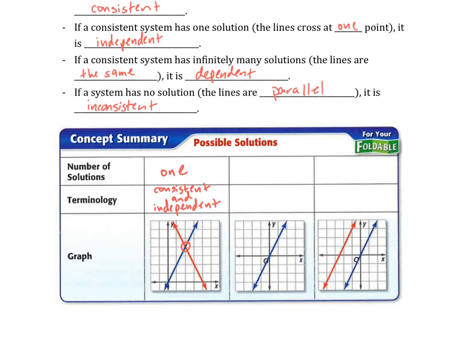Okay, now this one here, we only see one line, which means our system is actually the same line, those two lines that are exactly the same. So our number of solutions is going to be infinitely many. And because there is a solution, we call it consistent and dependent.